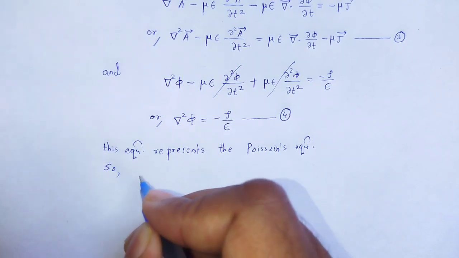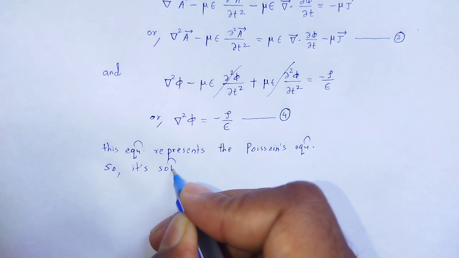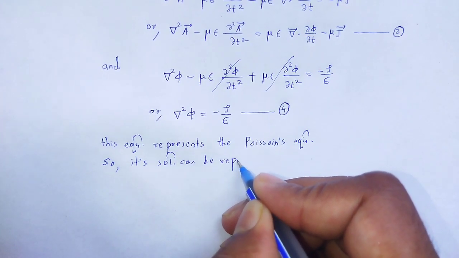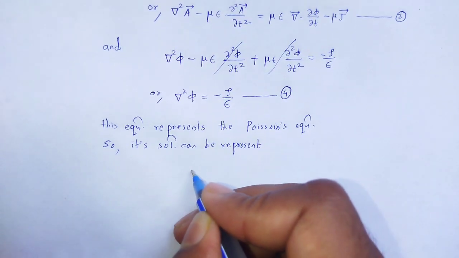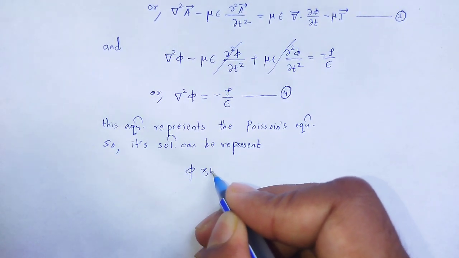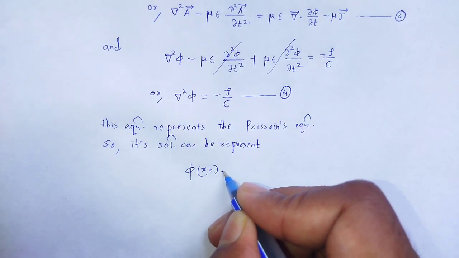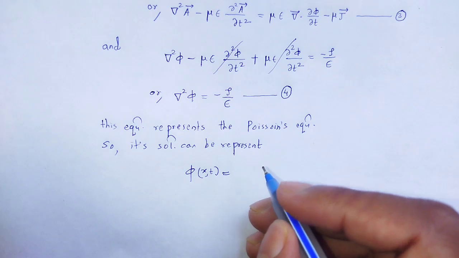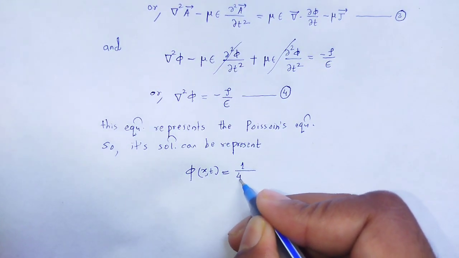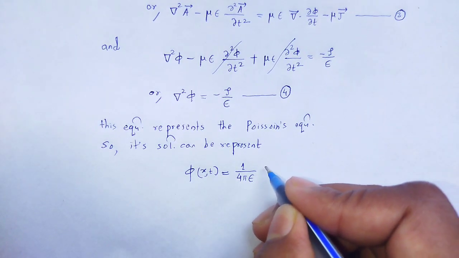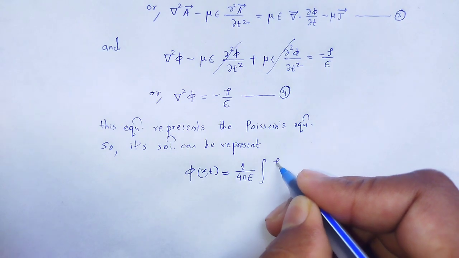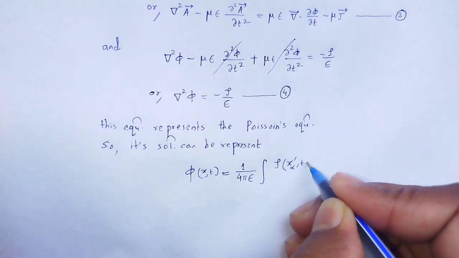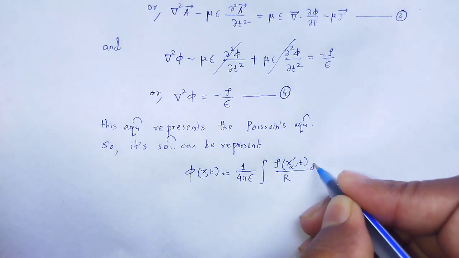So its solution can be represented: phi as a function of x and t, position and time, is equal to 1 by 4 pi epsilon integration over rho of x alpha dash, t divided by r dv dash.